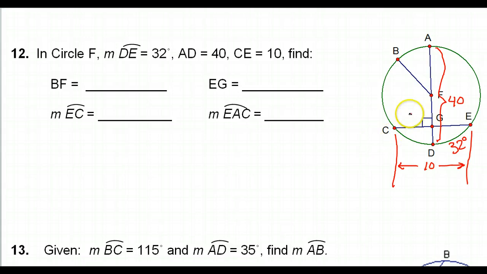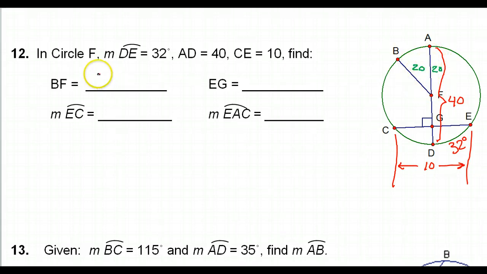Okay, so I think we have all the information we need. So, we're supposed to find length BF, and that's this radius right here. Since the diameter is 40, then that tells us that any radius will be 20. Like AF, BF, all those would be 20.